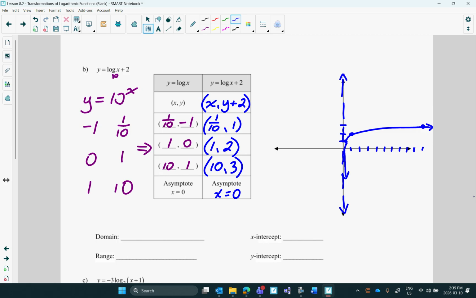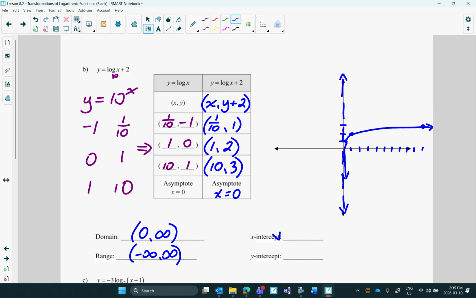And I think we've got the domain and the range established. Domain would be 0 to infinity, not including 0. The range would be everything, negative infinity to positive infinity. The x-intercept would be very hard to find from the graph, because it's some fraction between 0 and 1, close to 0.